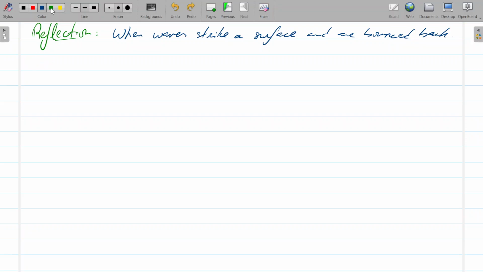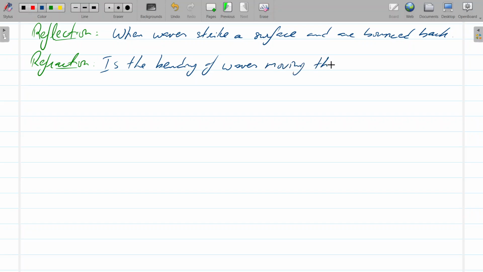Refraction is the bending of waves moving through objects of different densities.